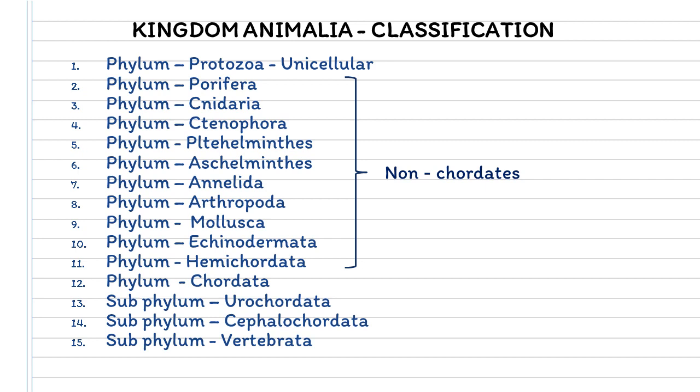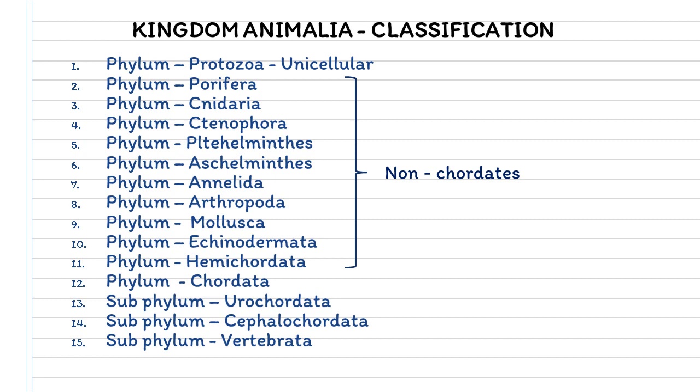Among these, the first phylum Protozoa includes the unicellular organisms. The rest are all multicellular organisms. From phylum Porifera to phylum Hemichordata, these are known as non-chordates.